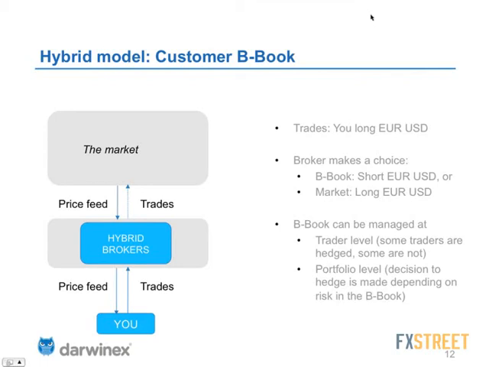And whenever I'm taking too much risk, whenever, for instance, all my customers at the same time are going long the euro dollar, what I do then, if that exceeds my appetite for risk, is to actually pass that on to the market. And meanwhile, in low volatility conditions, for instance, I will systematically keep the risk in my books without hedging, because hedging is a cost to those brokers.